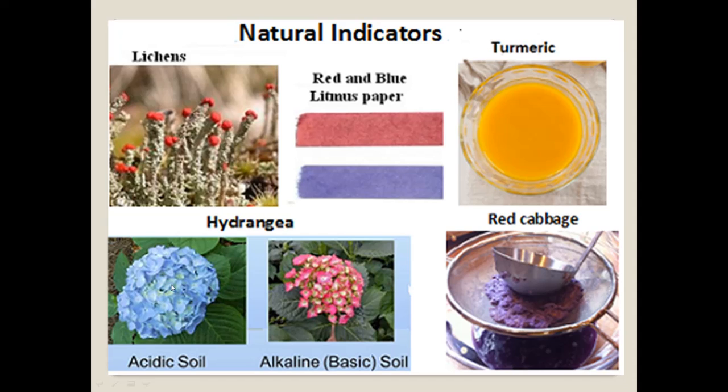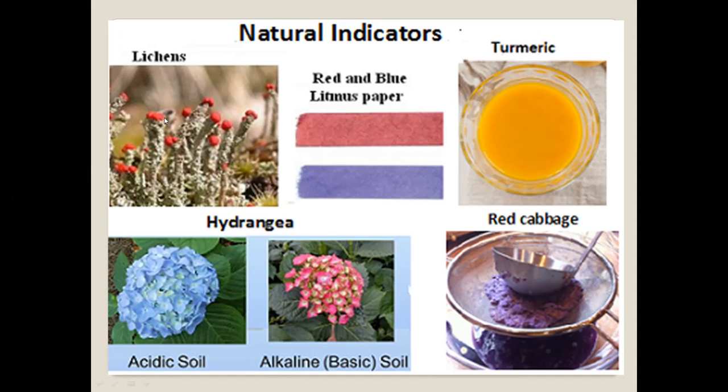By looking at the color of the flower, we can easily identify whether the soil is acidic or basic. So some plants also act as natural indicators and show us whether the soil is acidic or basic in nature.